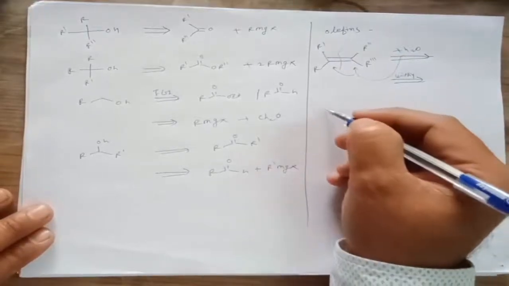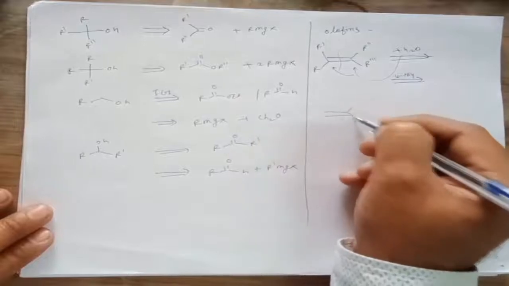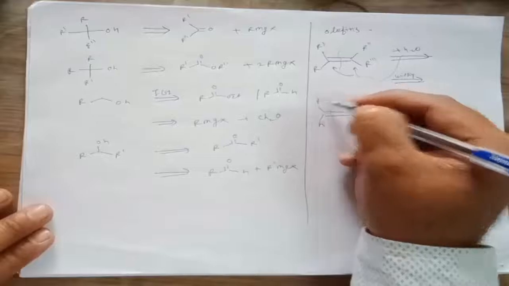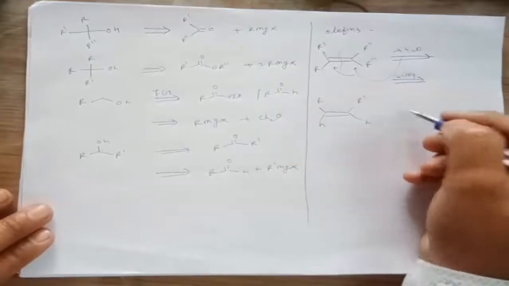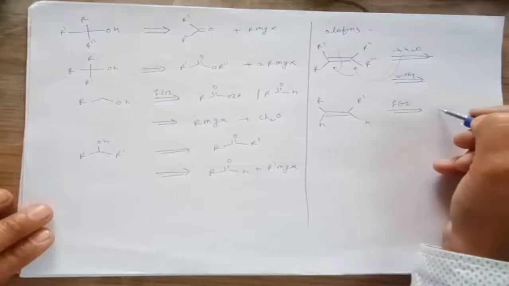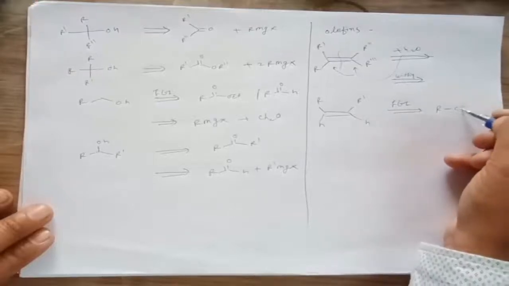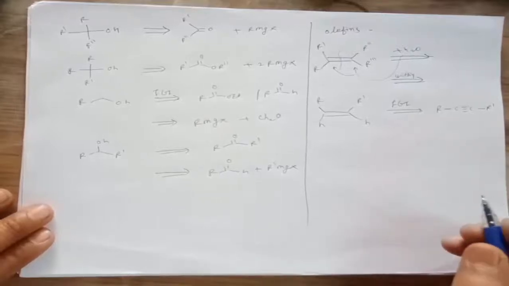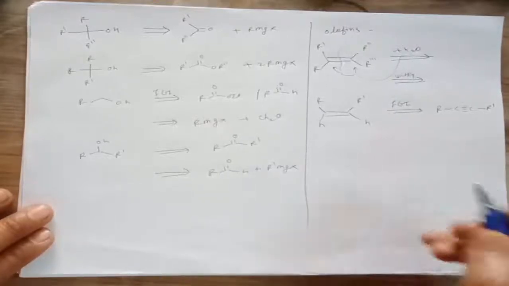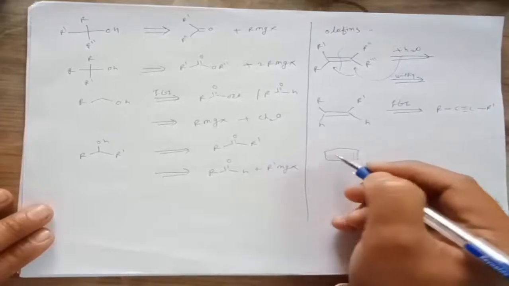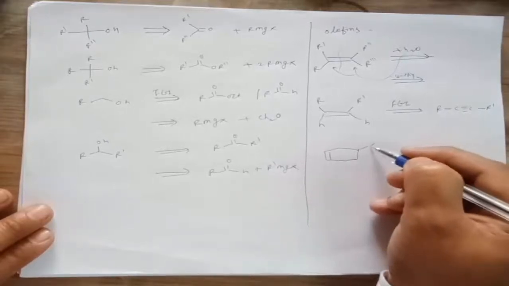But if the olefin contains a different functional group, then we can go for functional group interconversion. That means if we take a triple bond, then by reduction using Lindlar's catalyst we can prepare such cis olefins. Suppose there is a cyclic system with an X group.